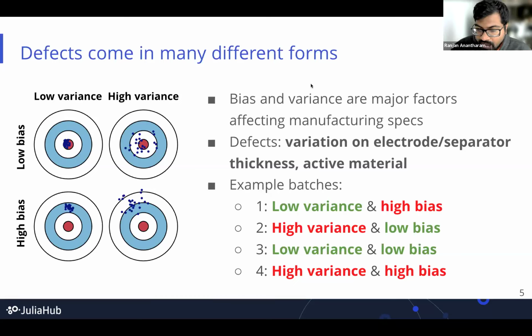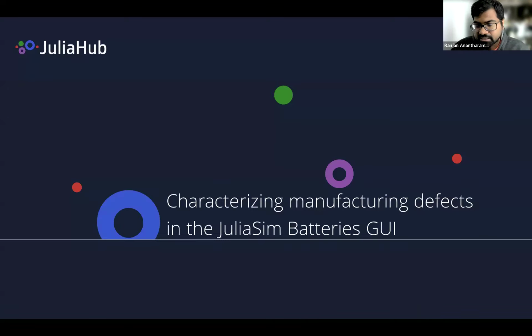Now let's say we have a batch of batteries, and we have data on all of these different metrics. What do we do with this data? With that context, I'd like to introduce to you the JuliaSim Batteries app.